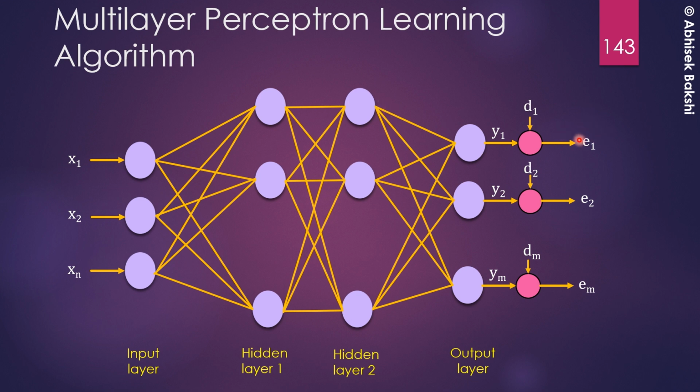So that means this error E1 is generated because of this output Y1, right? And this output Y1 is generated based on the value of the W connected with this particular connection, and this connection, and this connection, because by these three connections you are connected with the previous layer neurons to this output layer neuron, right?